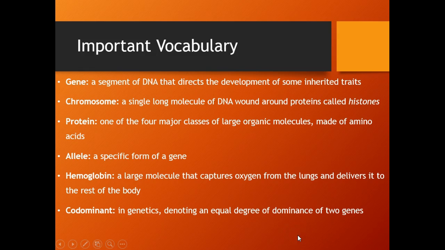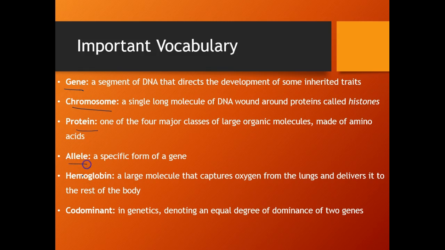So here's some important vocabulary. We have gene, which we've seen many times, which is a segment of DNA that produces proteins. We have chromosome, which is a single long molecule of DNA wound around proteins called histones. We have proteins, remember, which are those workers of the cell doing many different jobs.